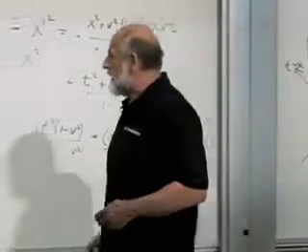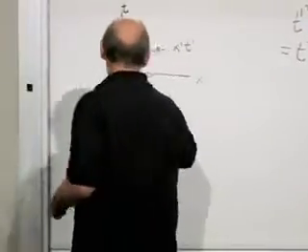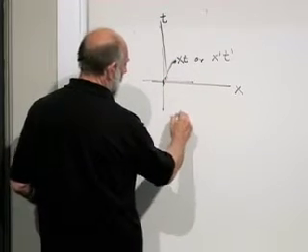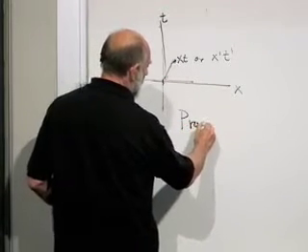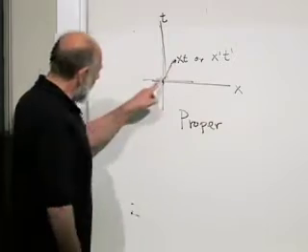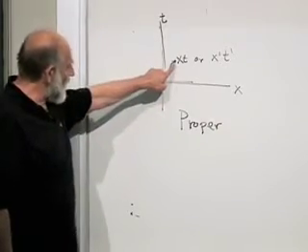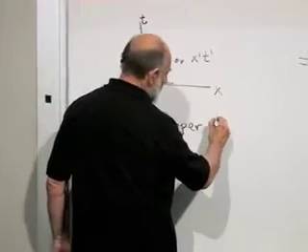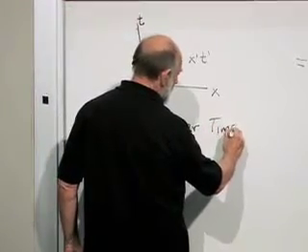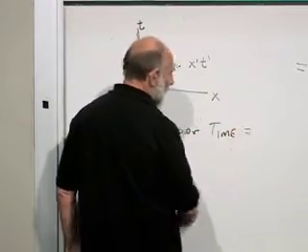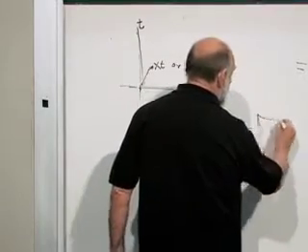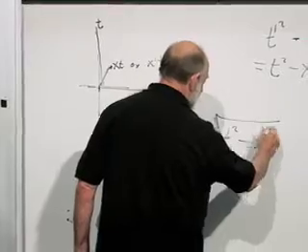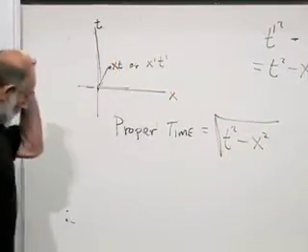The name for it is proper time. The proper time between this point and this point. The proper time between the origin and the point x, t is, by definition, equal to the square root of t squared minus x squared. Why the square root?